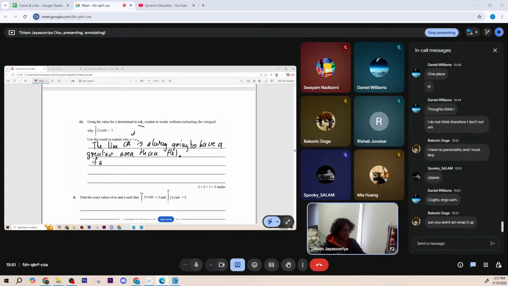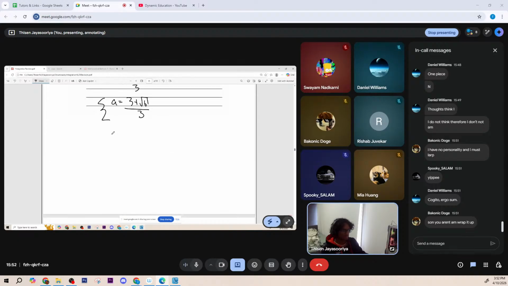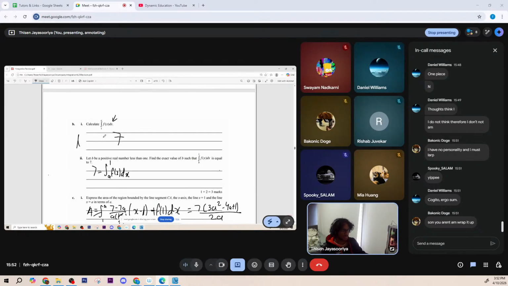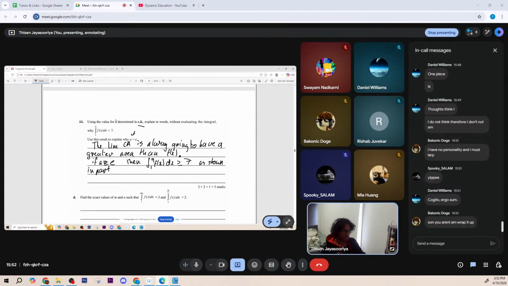If a is greater than or equal to e, then the integral from 1 to a of f of x dx will be greater than or equal to 7, as shown in part B, right? Because in part B we show that it'd be equal to 7, yeah?